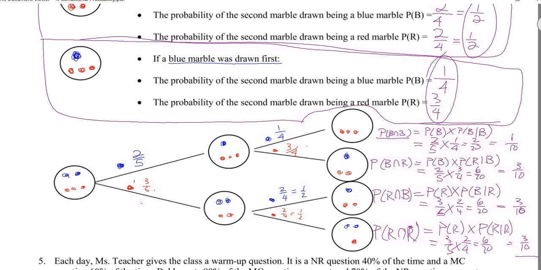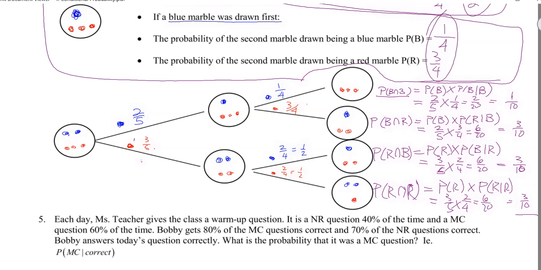Which means if we add up all of these probabilities, 1/10 plus 3/10 plus 3/10 plus 3/10, well, that's 3, 6, 9, 10 out of 10. So that's equal to 1. So the probabilities at the end here, this is all the things that can happen. They have to add up to 1, as do these individual probabilities on each branch.